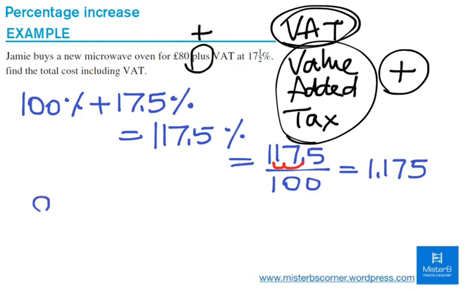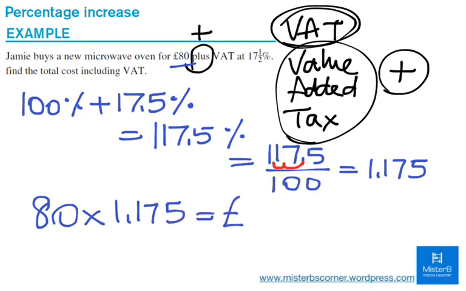All I need to do is multiply 80 pounds, the cost or value of the microwave oven, by the multiplier. And I'm going to get 94 pounds as the total cost including VAT.